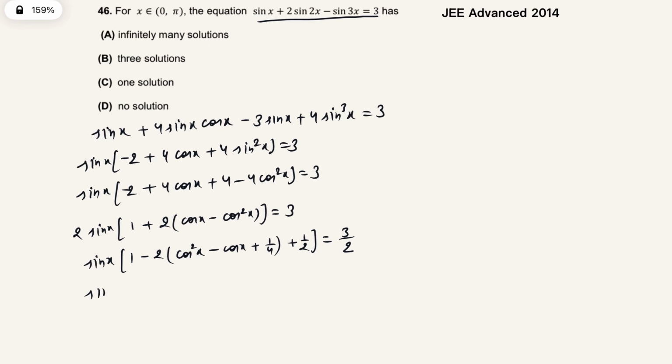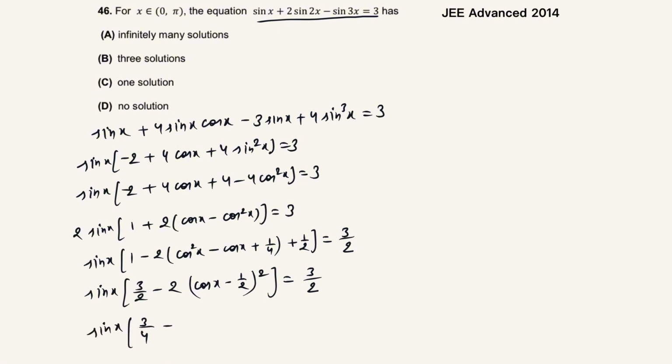So we have sine x into 3 by 2 minus 2 into cos x minus half whole square equals 3 by 2. And we can again take 2 common from the left hand side. So we will have sine x into 3 by 4 minus cos x minus half square equals 3 by 4.